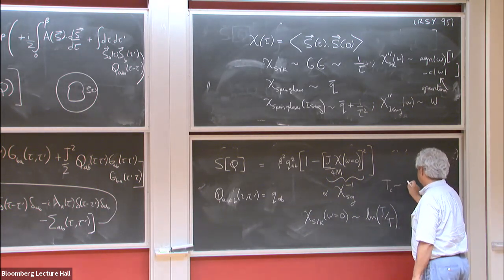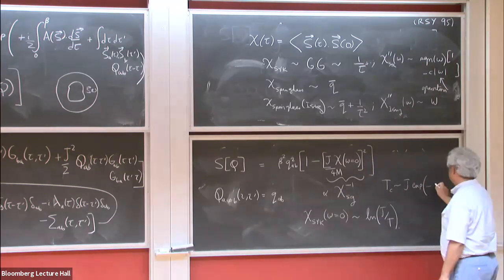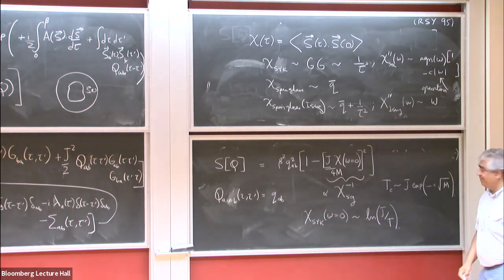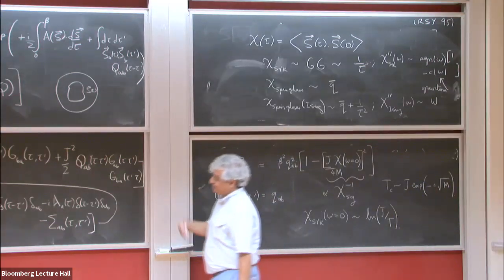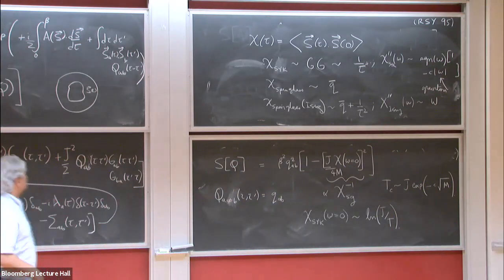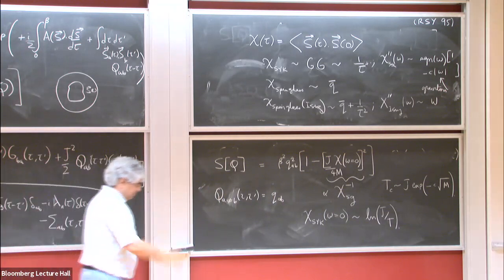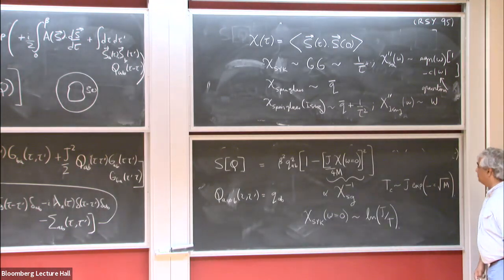Tc is J times exponential of minus some constant times the root of m. So it seems that for any finite m, there's an exponentially small temperature for this model anyway, where there is spin glass order. This was in the paper of George Farquhar and myself in 2000.